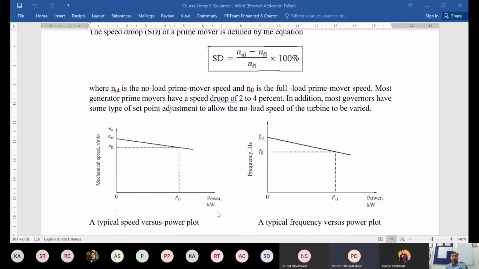The speed depends on frequency. Yes, Pranit. So what is the relationship between speed and frequency? Sir, the first formula we have written: f equals Pn by 120.